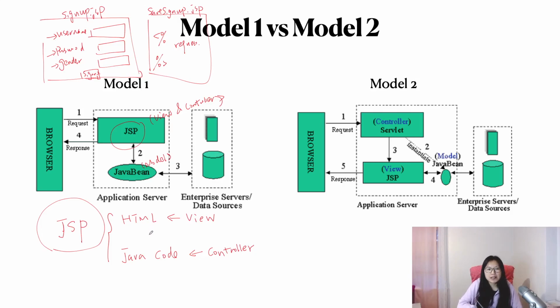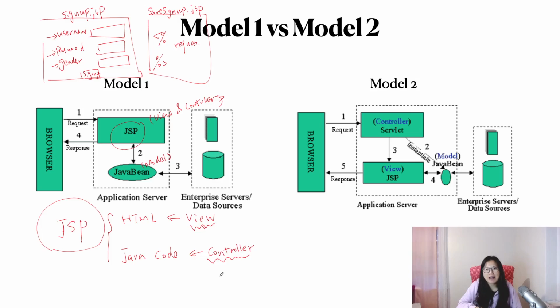Now JSP can actually achieve the application logic, but is Model 1 good? It's not good. First, you can see our JSP is doing two things now. In one JSP, it does the view, and second, it also acts as a controller. I forgot who said this is a principle, the single responsibility principle.